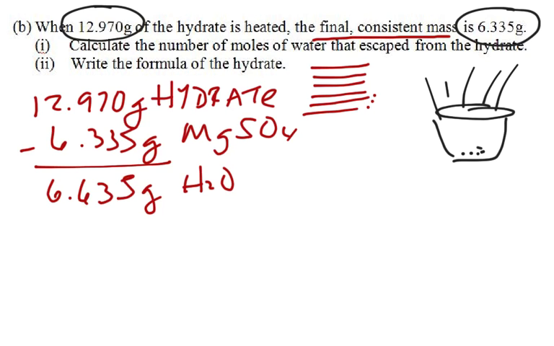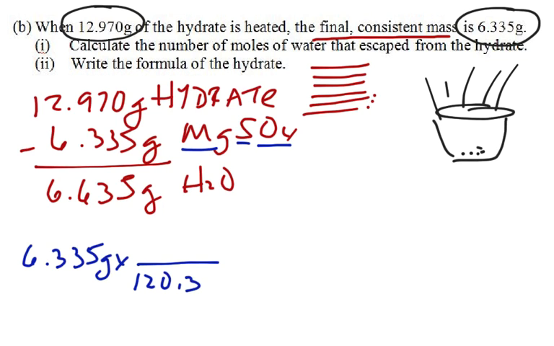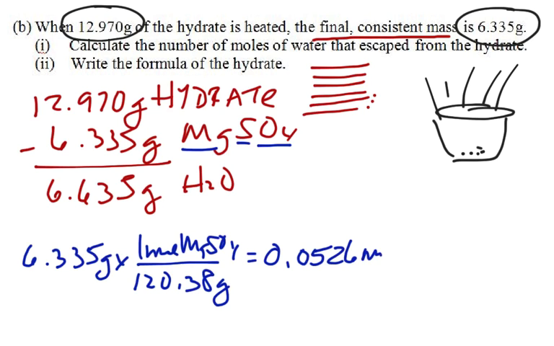Now, just like we've been doing here, we're going to say 6.335 grams of magnesium sulfate. We add together a magnesium, a sulfur, and 4 oxygens, and we get 120.38 grams for 1 mole of magnesium sulfate. When we do this problem, that comes out to be 0.0526 moles of magnesium sulfate.